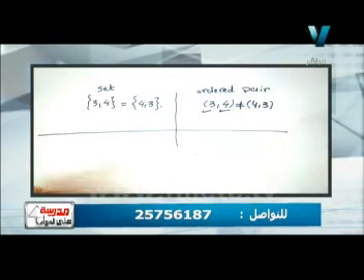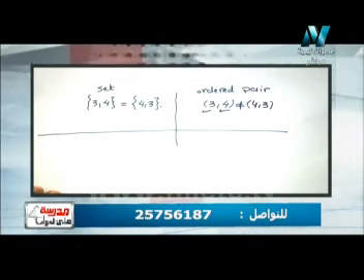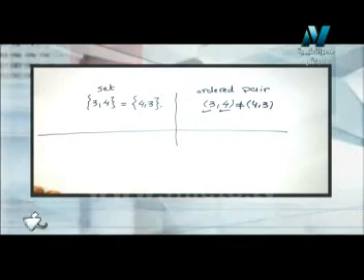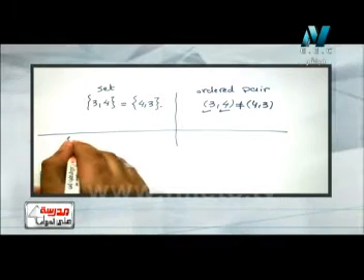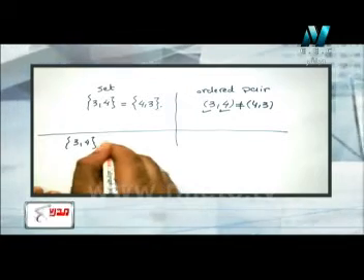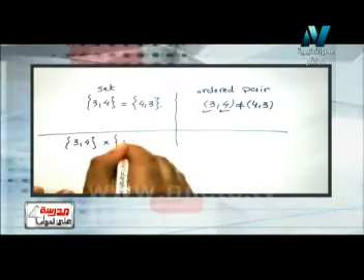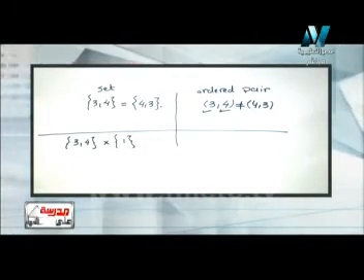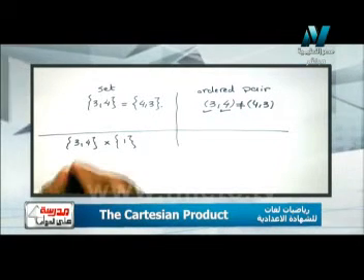If you talk about how to perform the Cartesian product, the Cartesian product is considered a special product. For example, if I have a set like {3, 4}, and we want to find its product with another set like {1}, to find the answer we are going to distribute.